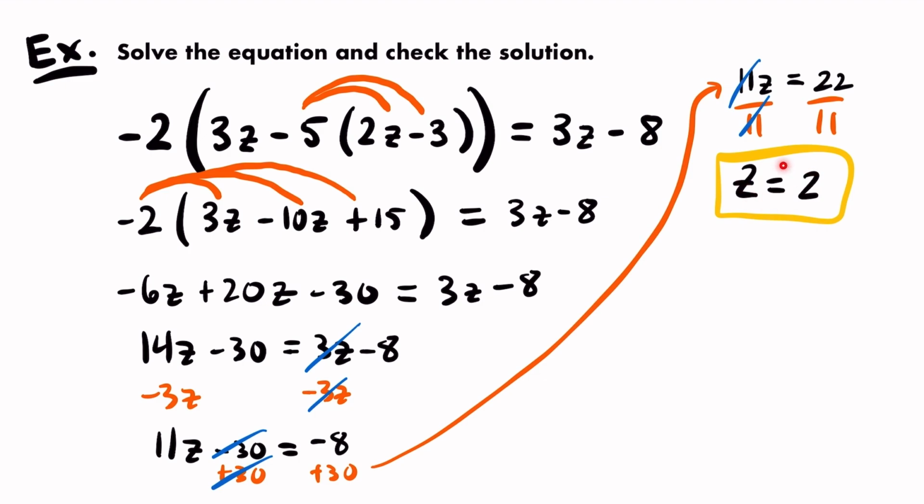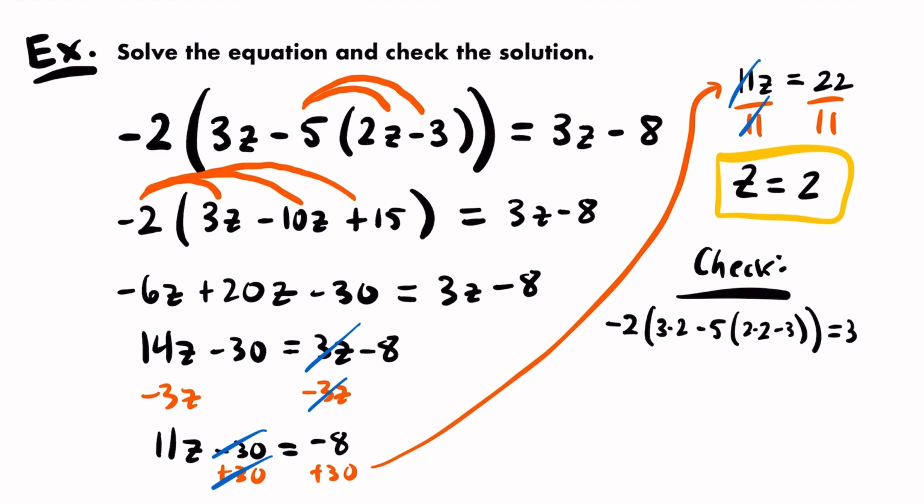Let's see if that really is the solution to this equation. Let's plug 2 in for each of those z's, and if we do that, here's what we'll get. Negative 2 times 3 times z, which is 2, minus 5 times 2 times z, which is 2, minus 3, and that's equal to 3 times z, which is 2, minus 8.